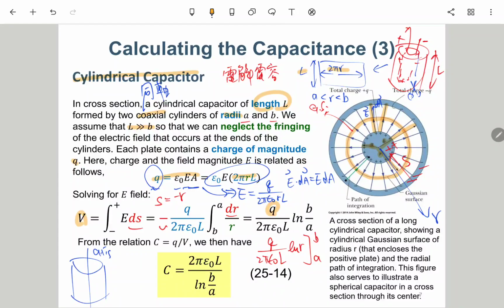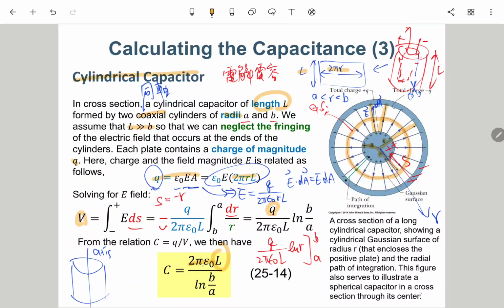So let me finish this off. For this cylindrical capacitor, of course, this one is a constant, nothing special. And then L is the length. So if you want a larger capacitance, you make it longer.